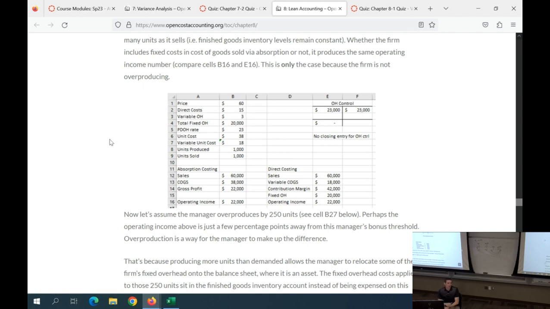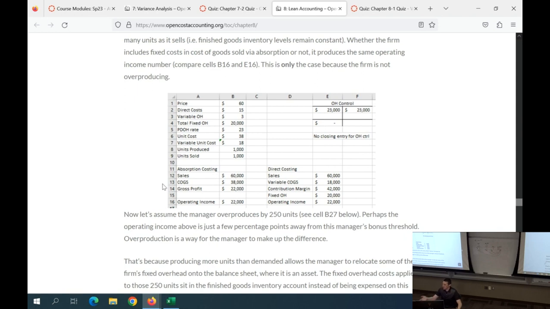I showed this the other day, before we took a break and forgot everything last week. I showed this before the break. The idea that there is an incentive to overproduce when you're using absorption costing. Why? Because you're absorbing some fixed overhead costs through the magic of overhead allocation.